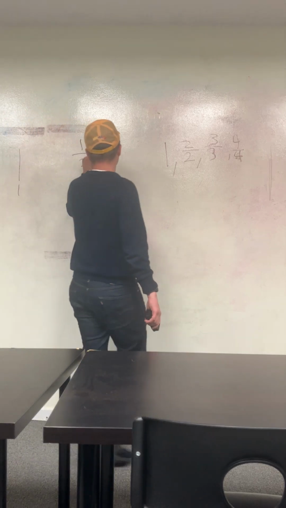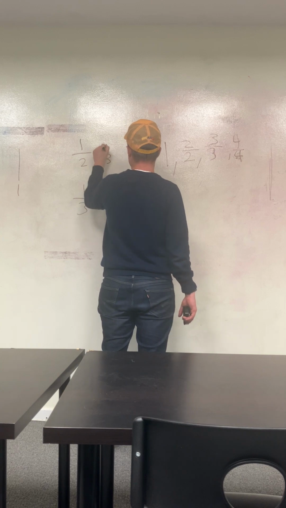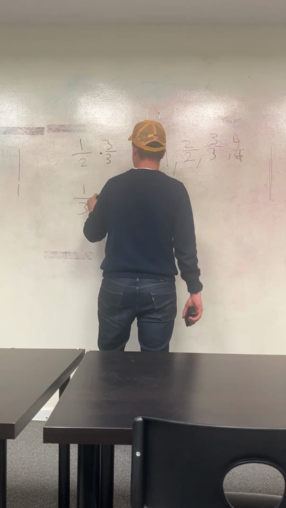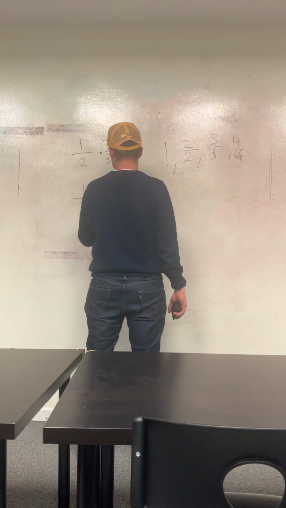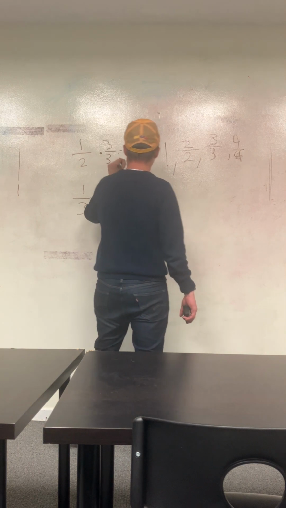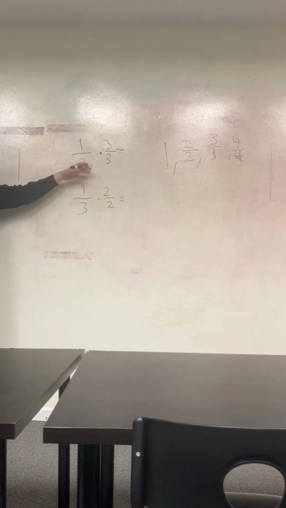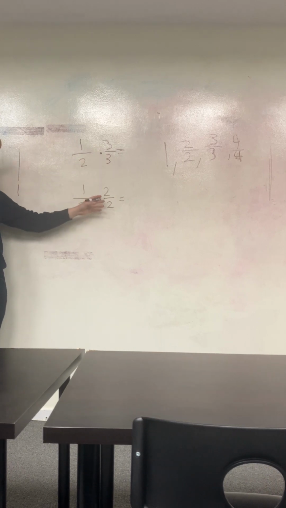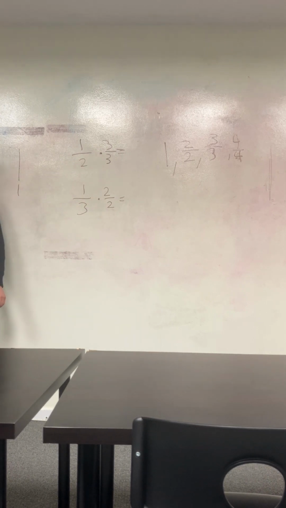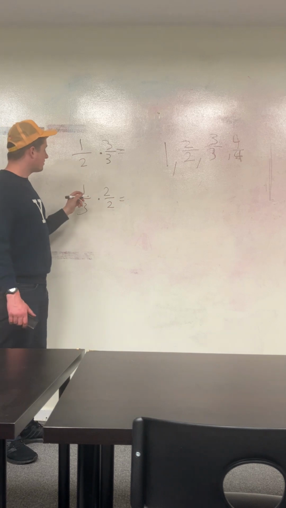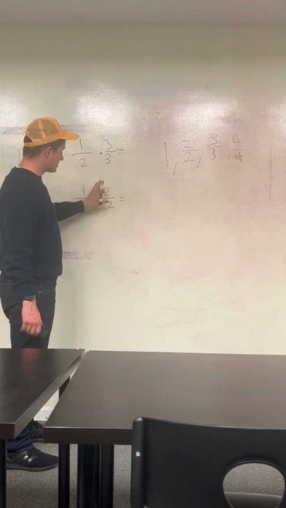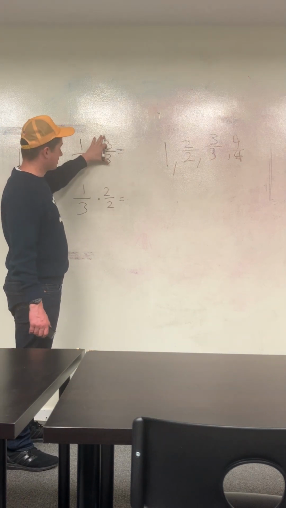How can we do that? Let me show you this first one as an example. I'm going to multiply this one by 3 over 3, and this one by 2 over 2. Now this looks like we're multiplying them by different things, because there are 3's here and 2's here. However, this is actually 1, and this is actually 1.